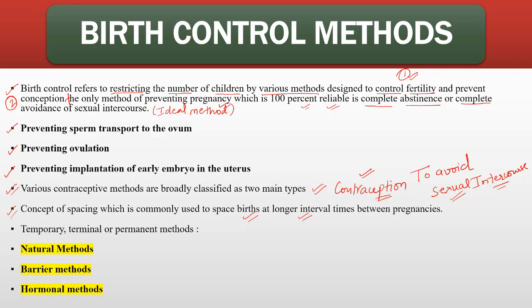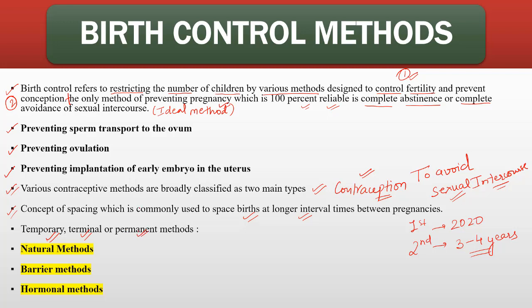If the first pregnancy happens in the year 2020, the second pregnancy should come after a minimum gap of 3 to 4 years, so that in between this transition period the uterus can recover as best as possible. Then there are temporary or terminal or permanent methods.